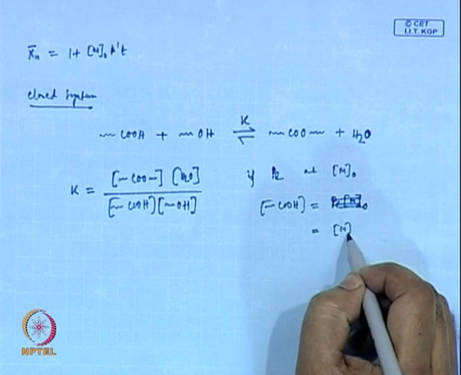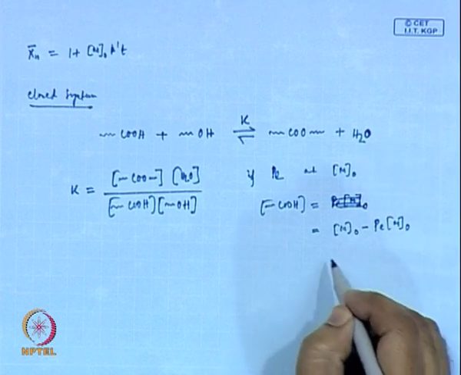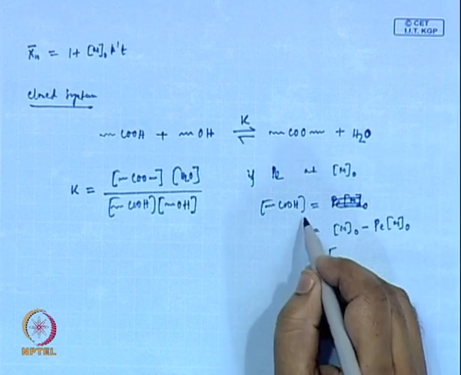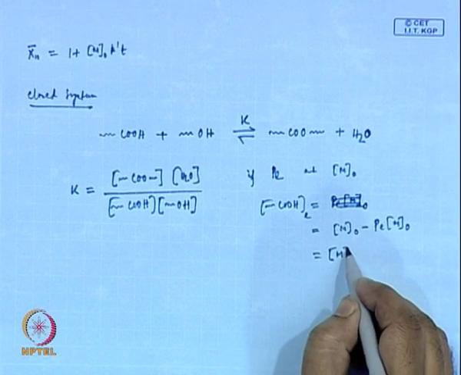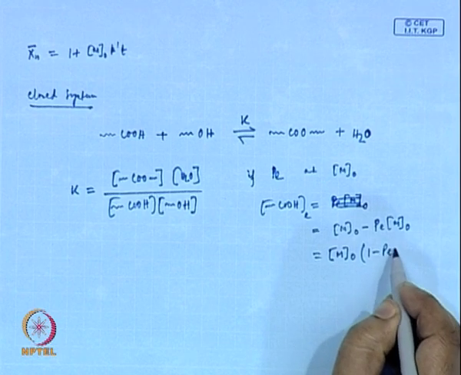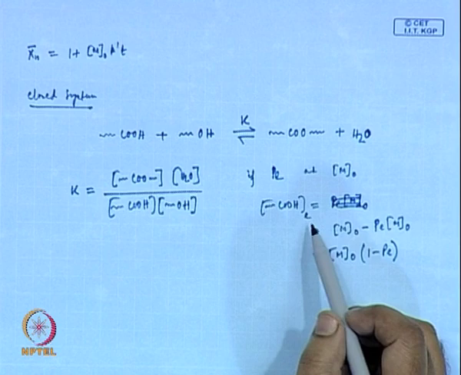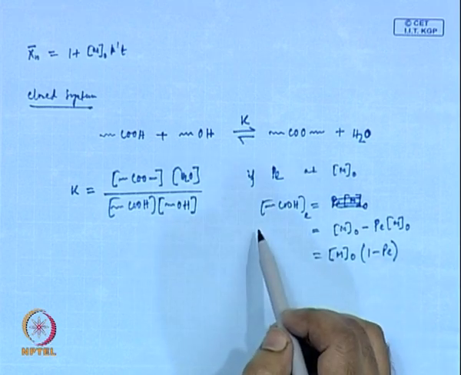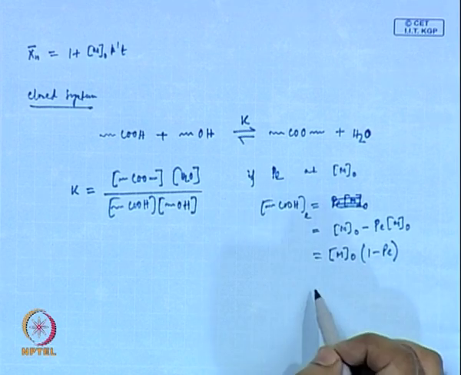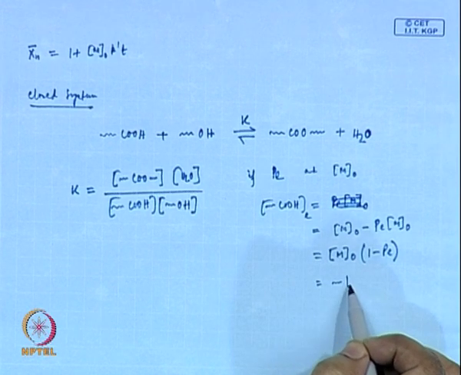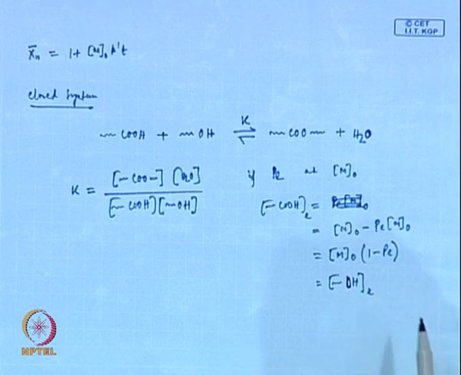Initially it was M0, now P M0 has reacted. So, at equilibrium the concentration of COOH group is given by M0 times 1 minus Pe, and because we are talking about a 1:1 stoichiometry ratio here as well, this is the same as the concentration of OH at equilibrium.